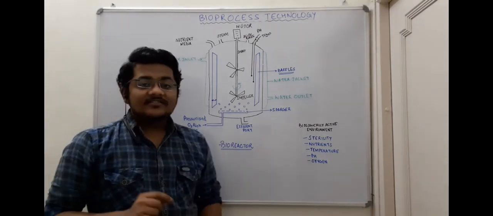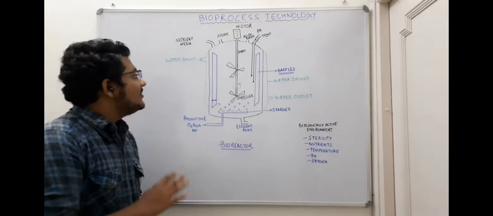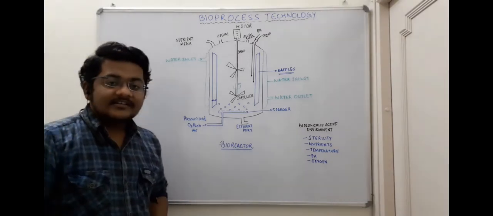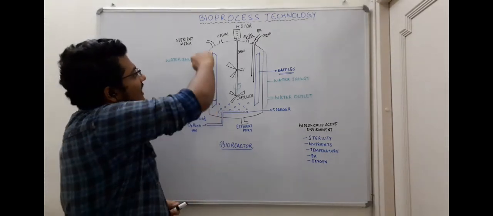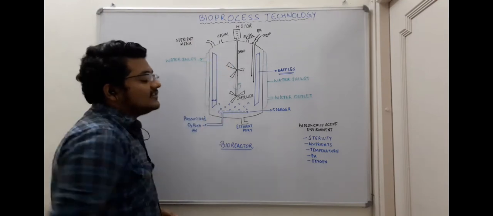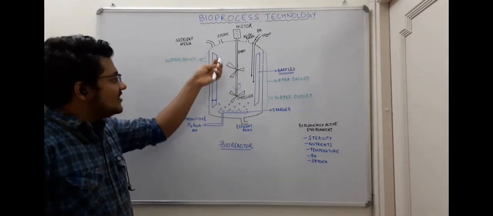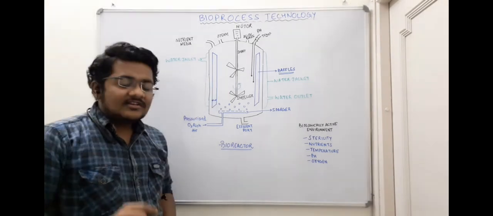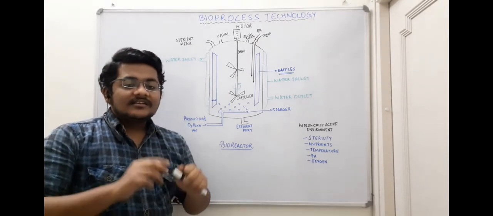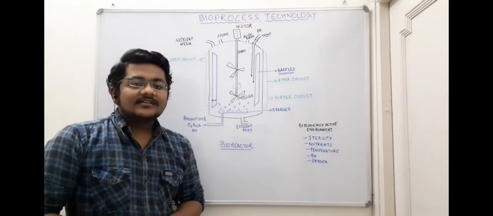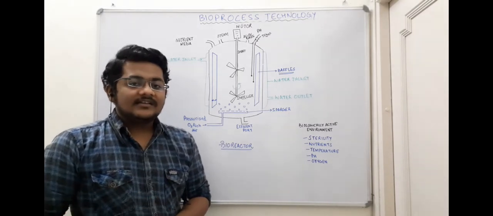The second thing is nutrients. Once the bioreactor is sterile and clean, we add nutrients from this port, that is the nutrient media port. But the question here is, the size of the bioreactor is up to 5 lakh liters.